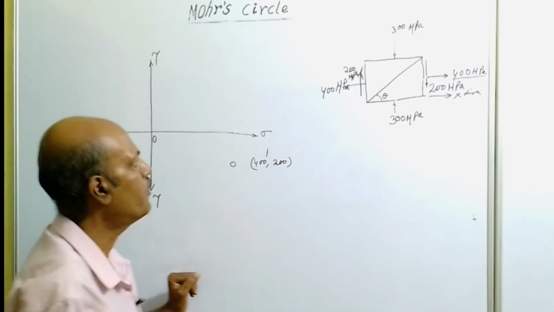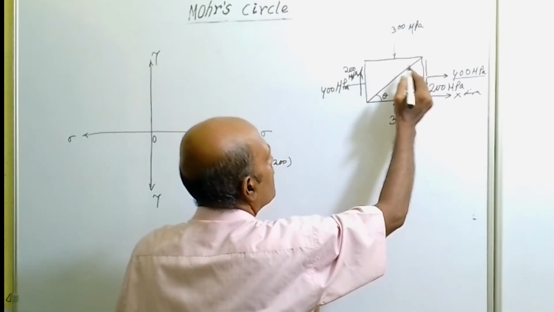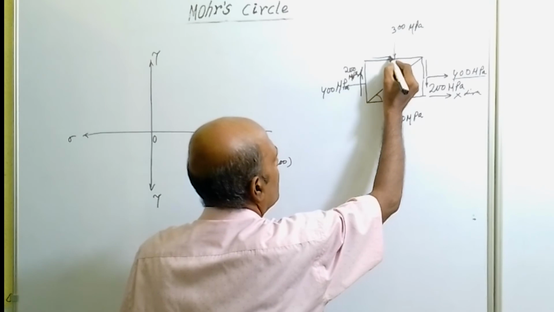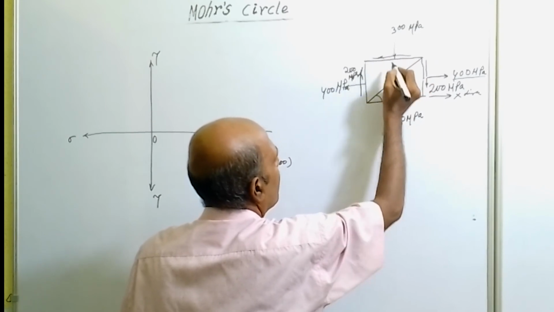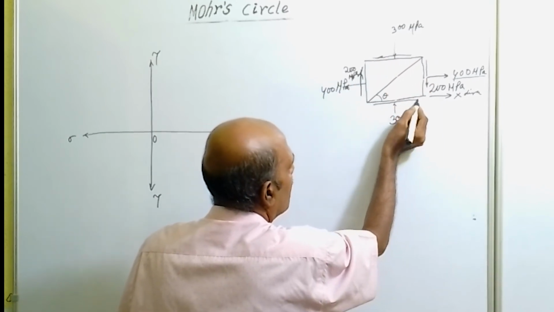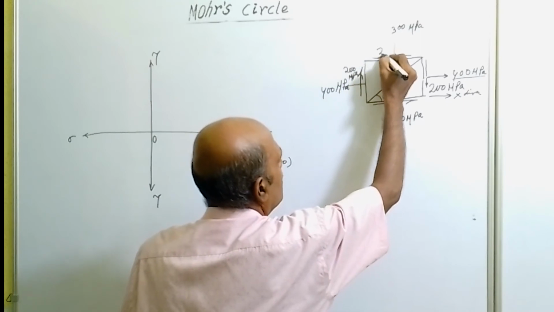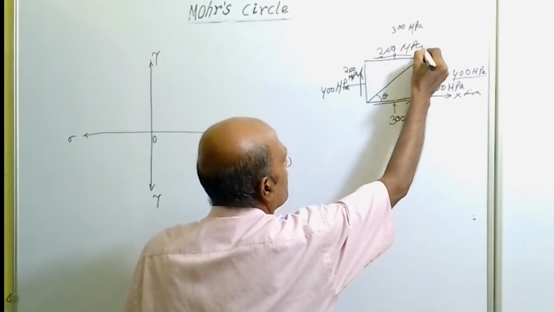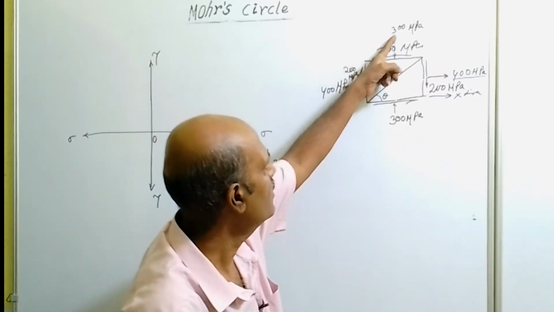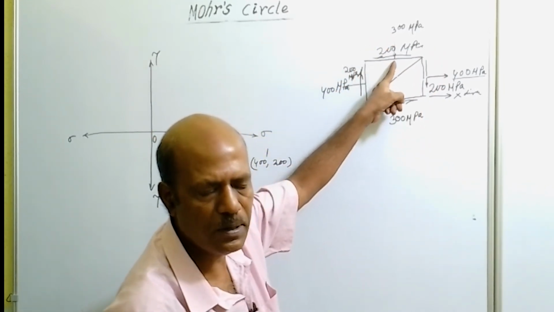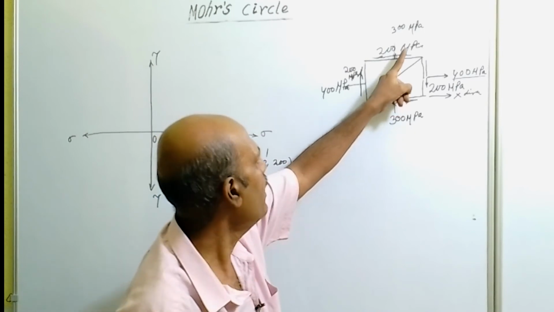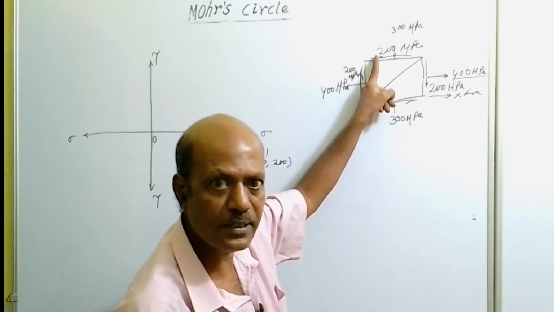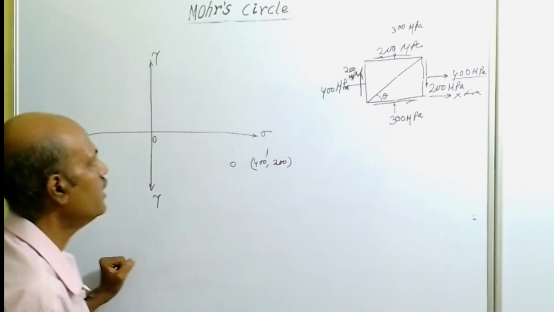Now go to the y phase. On the y phase, shear stress is not shown. Once the shear stress is acting, a complementary shear stress will be there. So we have to consider the complementary shear stress, which is also equal in value, 200 megapascal. Here you can see 300 megapascal, sigma y is negative, and this shear stress is in anti-clockwise sense, that is positive. So 300 is negative.